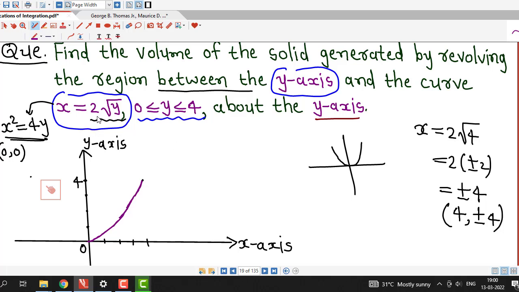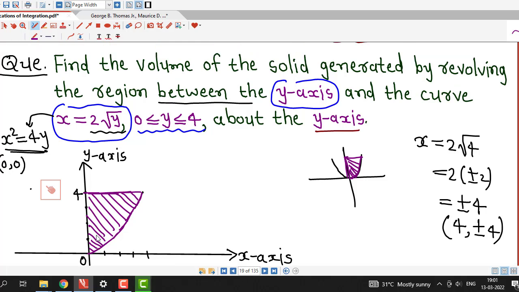For example, this is the y-axis and this is the parabola, so we have to consider the region between the y-axis and this parabola, from y equal to 0 to 4. So we consider this portion, the part of the region between the y-axis and this parabola.